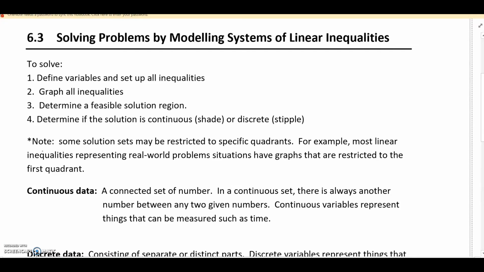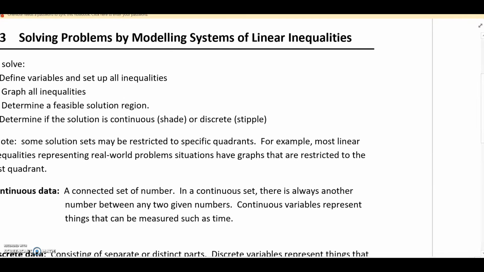There's a note here. It says some solution sets may be restricted to specific quadrants. For example, most linear inequalities representing real-world problem situations have graphs that are restricted to the first quadrant. So what does that mean? When we look at our quadrants, they're labeled 1, 2, 3, and 4.